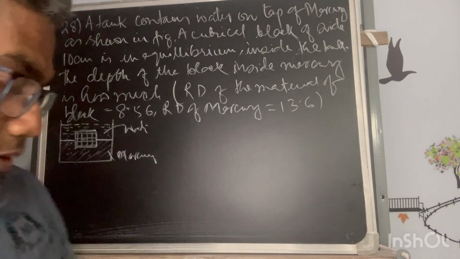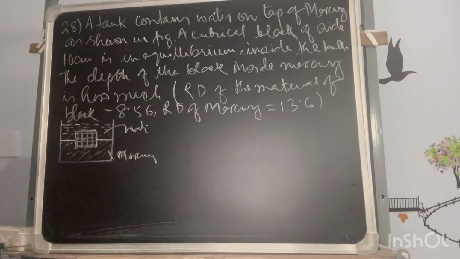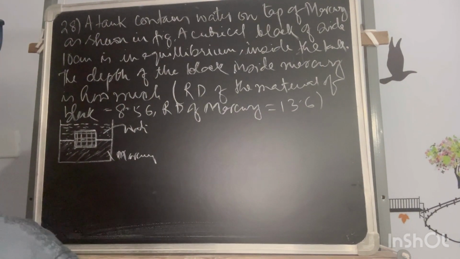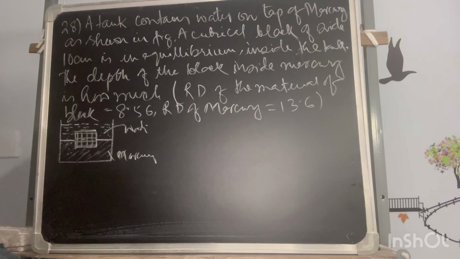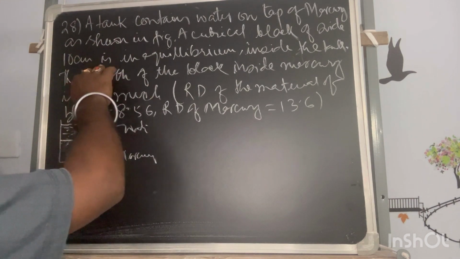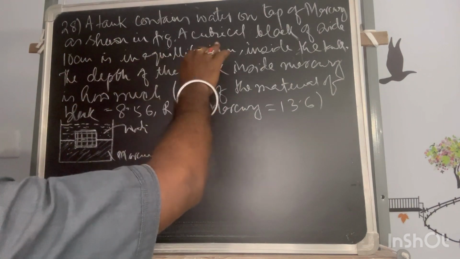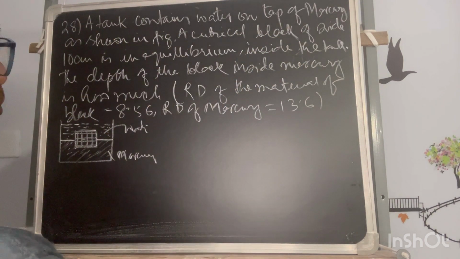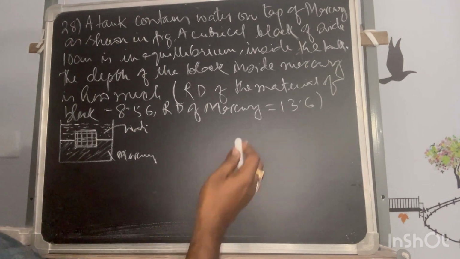Let me read the question again. A tank contains water on top of the mercury as shown in the figure. A cubical block of side 10 centimeter is in equilibrium. It is a cube, not a cuboid.